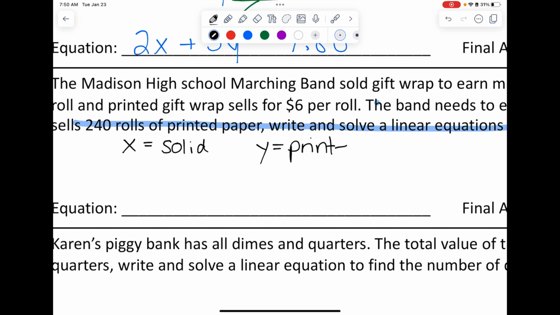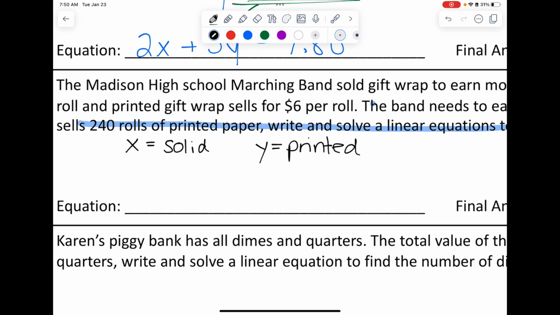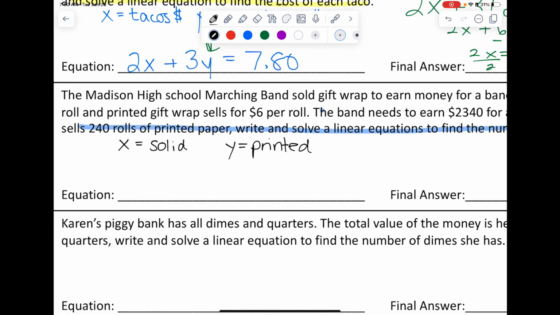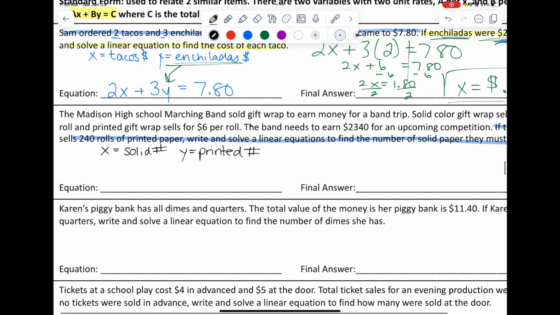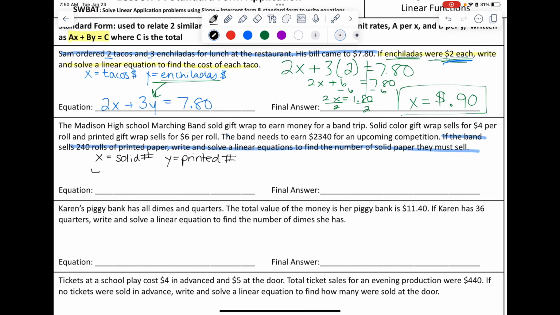But again, these aren't just things. We know the cost, so the unknown is the quantity that we're selling. And then we're going to write our equation: $4 for an unknown amount of solid gift wrap plus $6 per an unknown amount of printed gift wrap is equal to the total that the school needs to earn, $2,340.